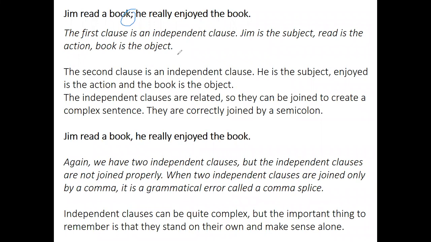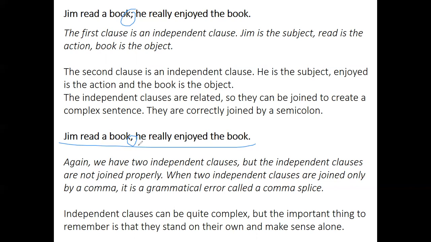Sometimes we use a different perspective, for example, this one. Jim read a book, he really enjoyed the book. As you can see, this is not a semicolon, but this is a comma. So again, we have two independent clauses, but they are not joined properly. When two independent clauses are joined only by a comma, it's a grammatical error.